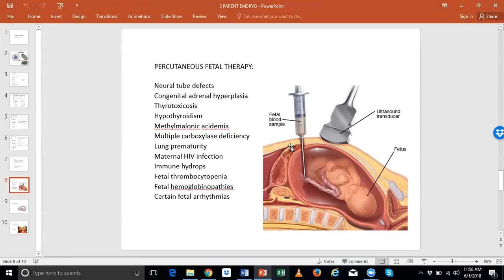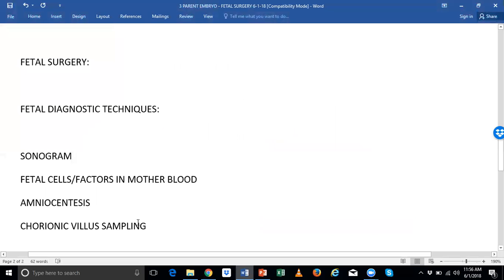The amnion, the chorion, these are all membranes of the fetus near the placenta, and with a very fine needle they get a few samples of villi, little hair-like structures. That, I think, carries about a 10% increase in spontaneous abortion or miscarriage for the mom. So it has to be justified, for great reason.